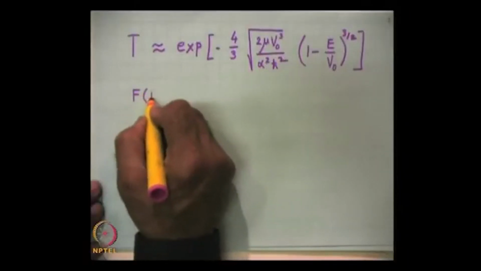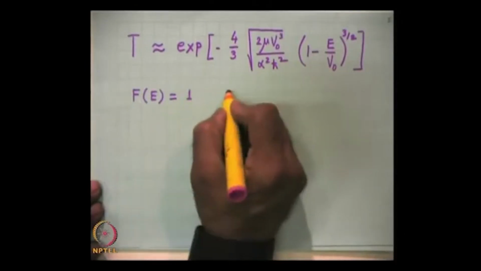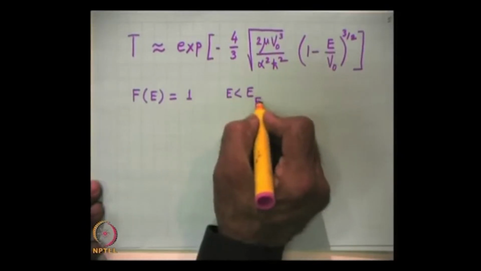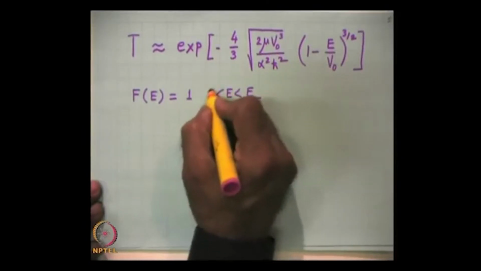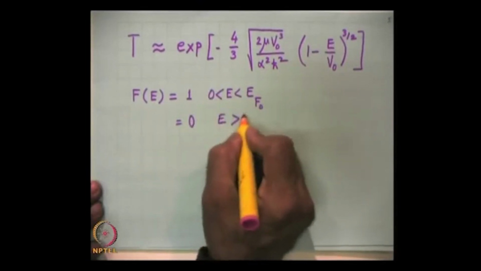Electrons obey Fermi-Dirac statistics, so the probability of occupation of the electron is given by the Fermi-Dirac distribution, which at absolute 0 is 1 for E less than E f 0 and is equal to 0 for E greater than E f 0.